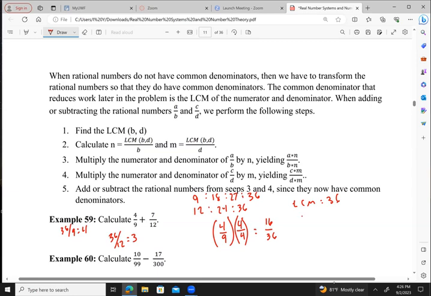So we're going to take 7/12, multiply it by 3 over 3, and I get 21 over 36. So now my problem simply becomes 16 over 36 plus 21 over 36, which is 37 over 36, or 1 and 1 over 36.